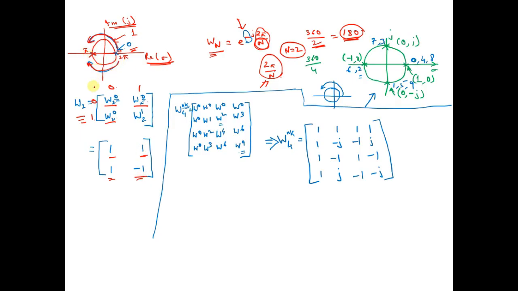If I have to tell you what the next one would be, say W2 2, W0 plus 2, what would it be? W2 2 is nothing but W0.